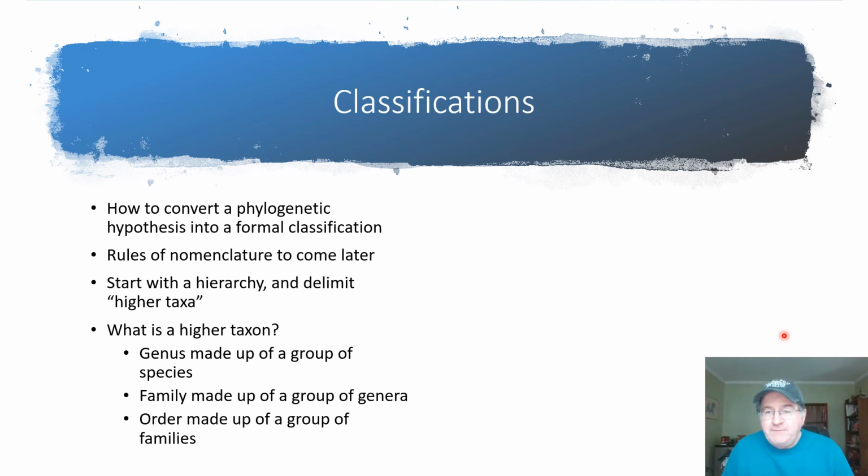But putting facetiousness aside, a genus is little more than a group of species. A family is basically a group of genera that a classifier, a taxonomist, has put together into that same taxon. An order is nothing more than a group of families.